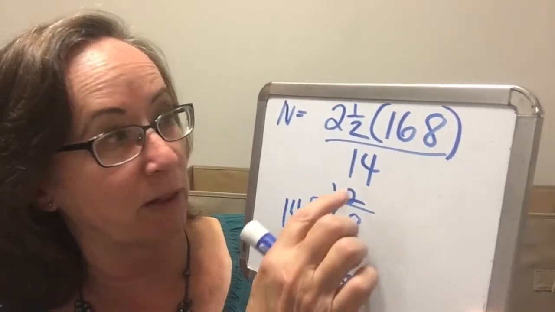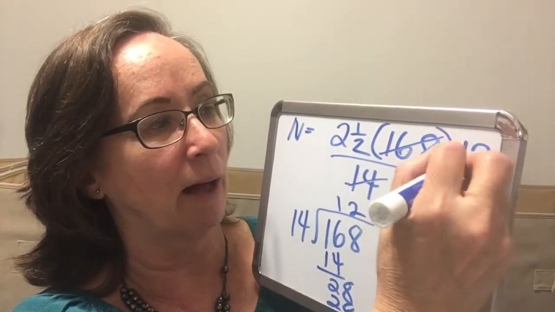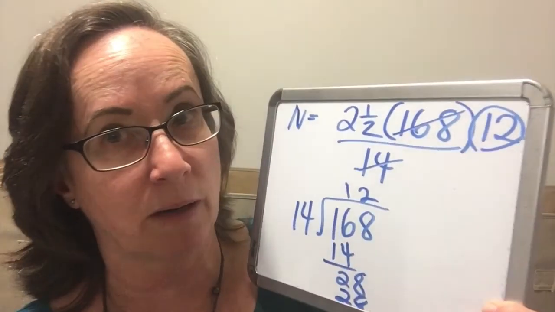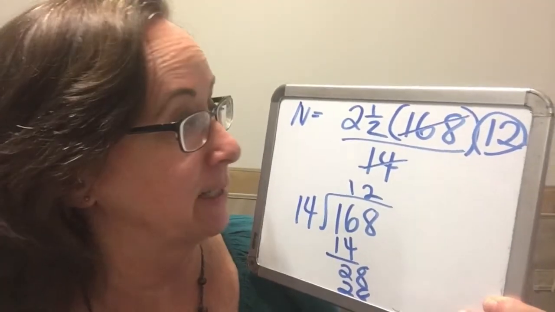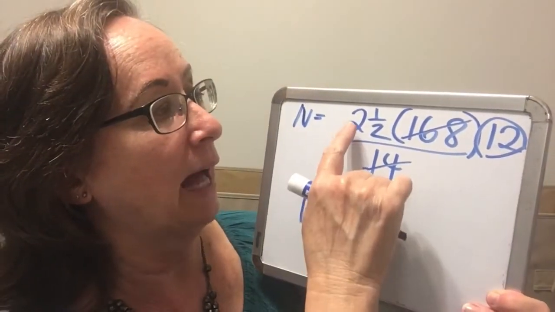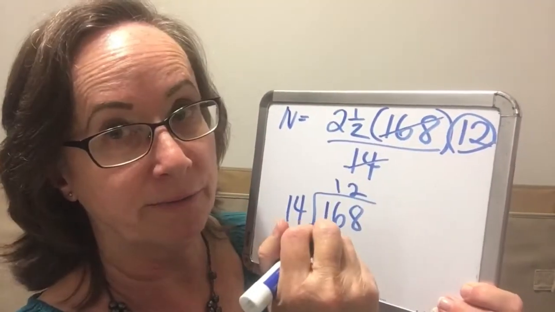So I wind up with 12. So this divided by this is exactly 12. And 2.5 times 12 is much easier than 2.5 times 168. So I can take this and say 2 times 12 is 24.